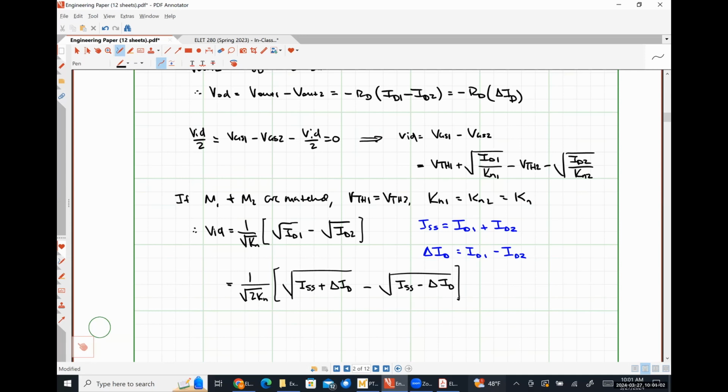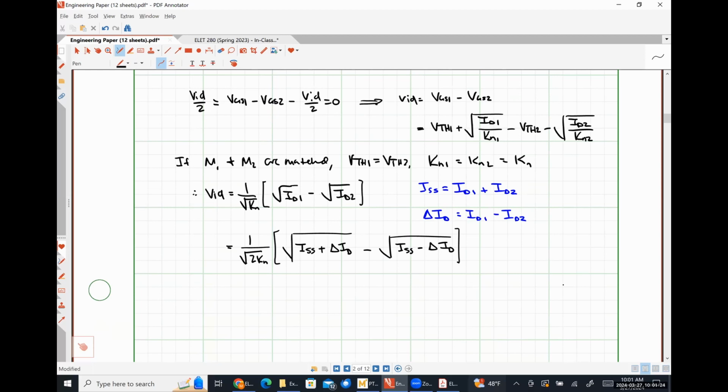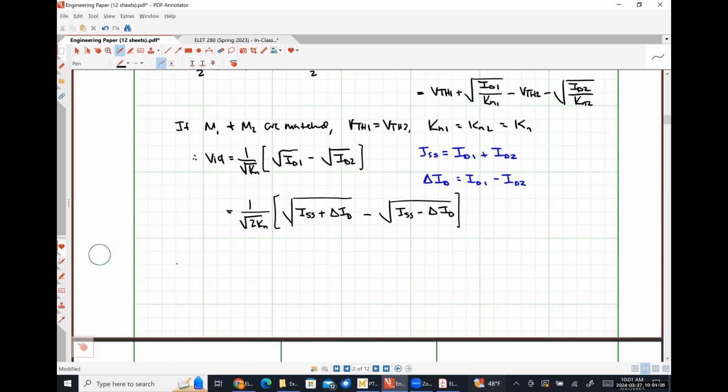So our goal here is to figure out what delta ID is as a function of the VID. And so in order to make that happen, we've got to get rid of these square root signs, which means we're going to be squaring some things, okay? So I'm going to move the square root of 2Kn over to the differential input voltage side of things and then square both sides.